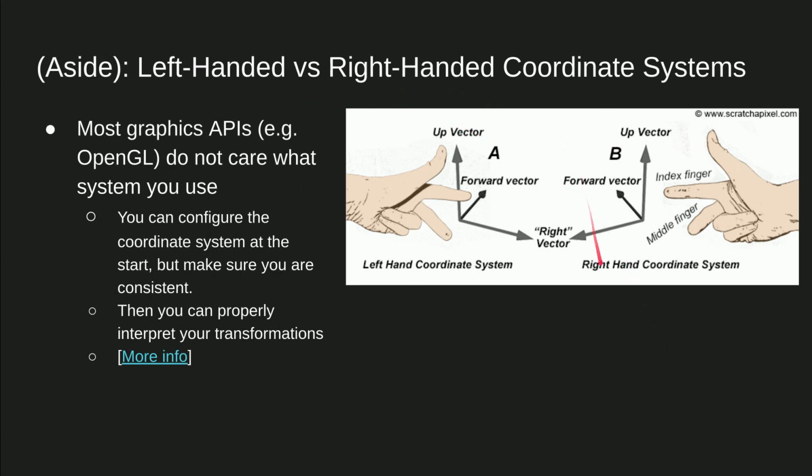And this is just an aside, but if you hold your hand up like this, your thumb is the up vector, so where is up in the world. Your index finger is where is going forward, and your middle finger is what's called the right vector, so where is the z-axis, I guess, pointing.